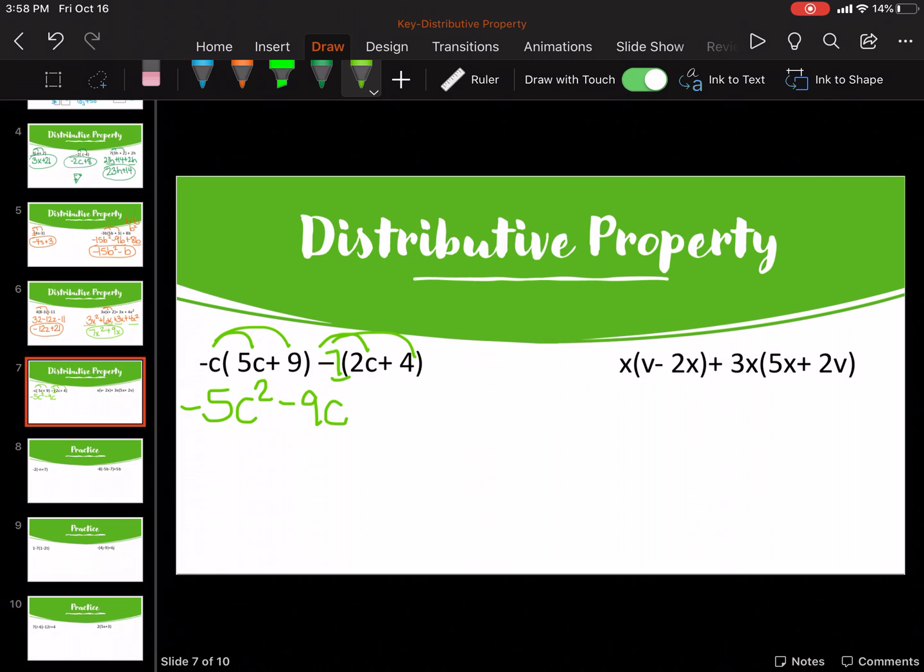Negative 1 times 2c is negative 2c. Negative 1 times 4 is going to be negative 4. Okay. So let's combine like terms. So negative 9c and negative 2c is going to be negative 11c, and then minus 4.